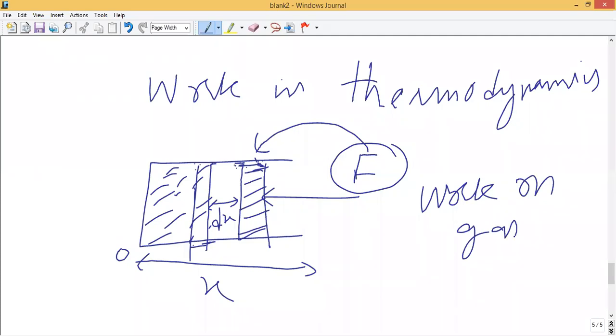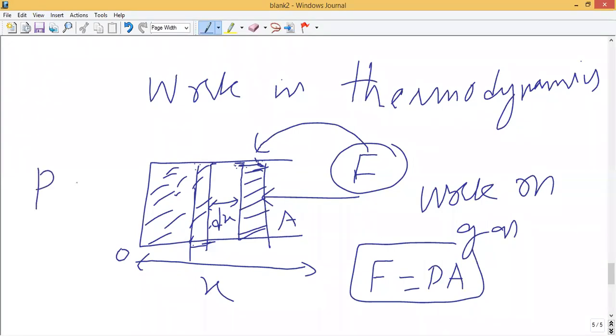So the force that you apply is equal to P into A, where A is the area of this piston. That is the force you are applying, because pressure equals force per unit area, so force is pressure into area.